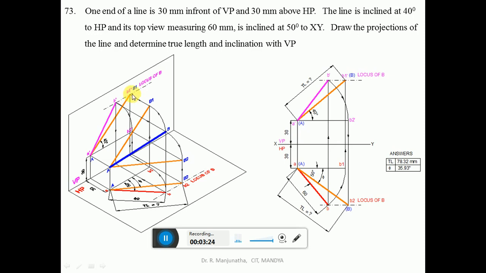So this point becomes B1 dash. Then join A dash B1 dash a little bit thicker than the projector.